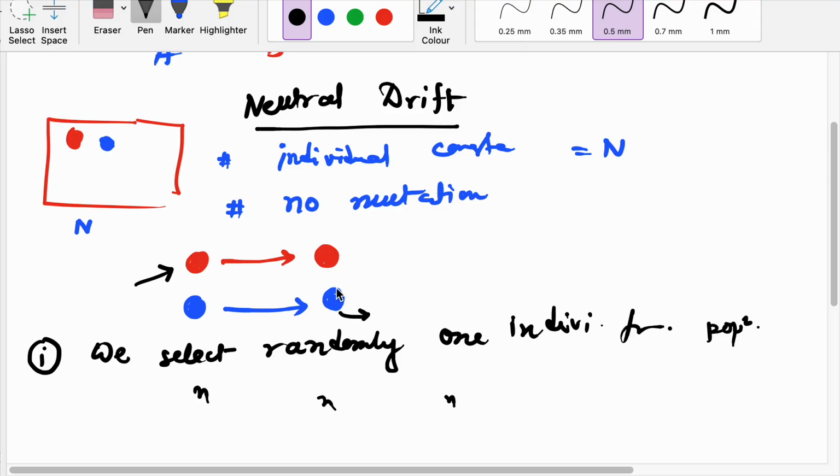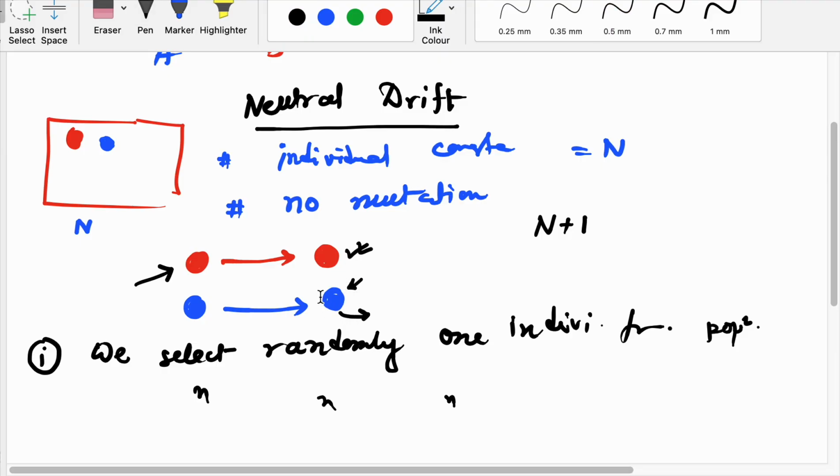Why is it eliminated? Because suppose one red individual is selected and reproduces, the number of individuals becomes N plus 1, so we have to kill one individual. We randomly pick another individual and eliminate it, and in place of this individual the reproduced individual will be there.